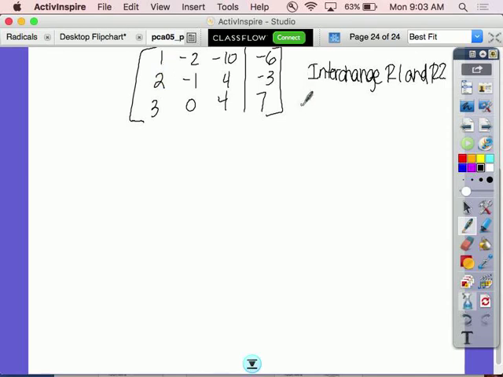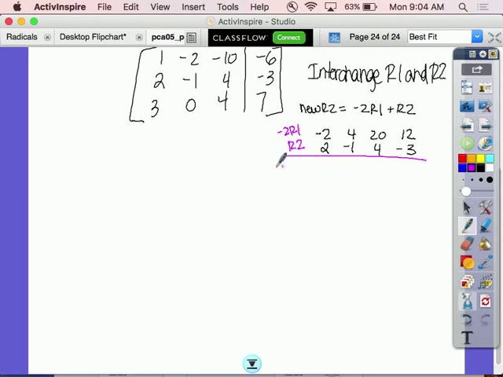So I'm going to say that the new row 2 is negative 2 times row 1 plus the current row 2. So that'll be multiplying this top row by negative 2. I'll have negative 2, 4, 20, 12. And then my original row 2, 2, negative 1, 4, negative 3. Remember, this was the negative 2 times the current row 1.